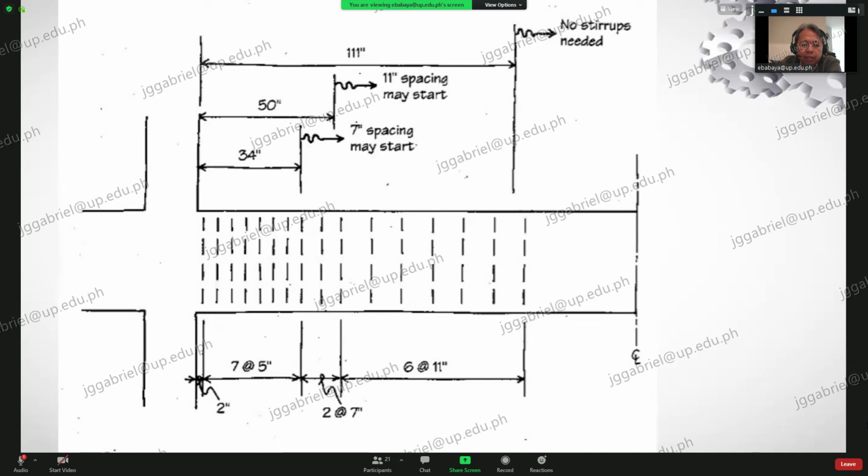So 7 times 5 is around 35, or 34. Anyway, then the next stirrup would be 7.